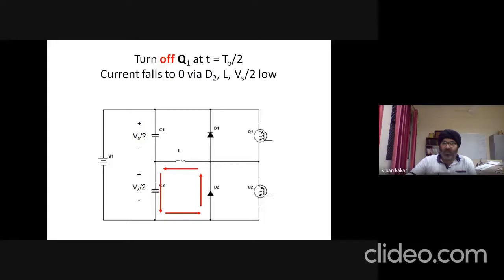And now when switch Q1 is turned off, whatever current ramped during Q1 switched on now starts to deramp or decay through this freewheeling diode in this direction.